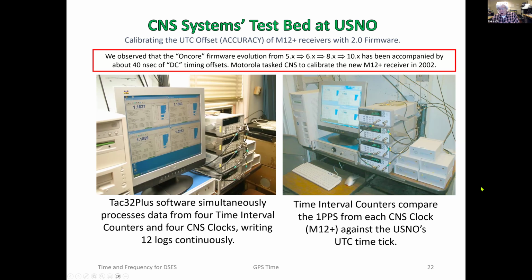And this is in a hallway right behind a rack full of hydrogen maser atomic clocks, which were providing, in this case, you don't see any rubidium, the master clock going into all of these counters through this pulse distribution amplifier was the hydrogen maser ensemble pulse per second.